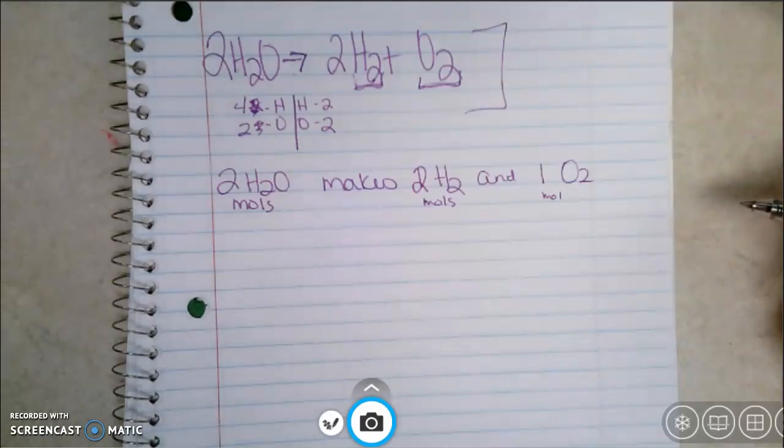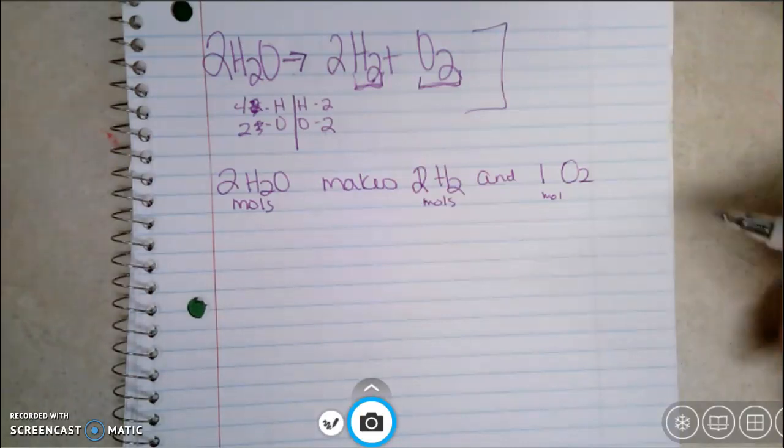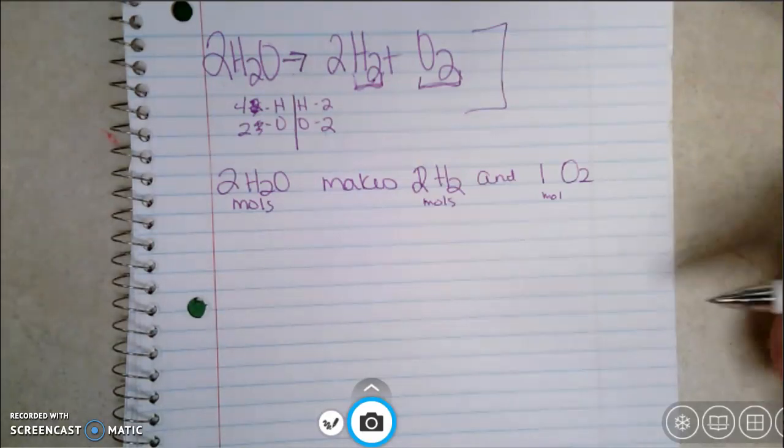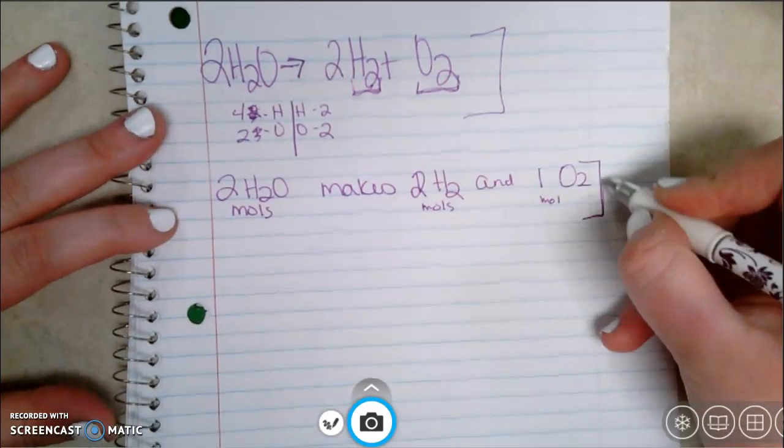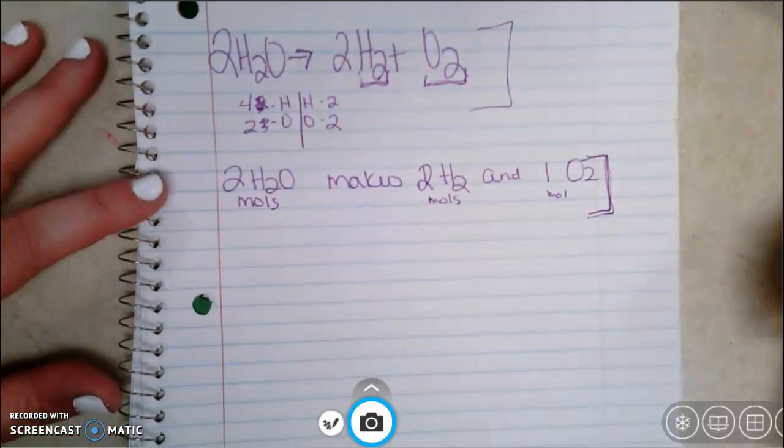If you remember in the last chapter, we had 1 mole equals 6.022 times 10 to the 24th. That's called a conversion factor. When you say something equals something else and then you use that to change between units, those are conversion factors. So we have just found our conversion factor for this problem.